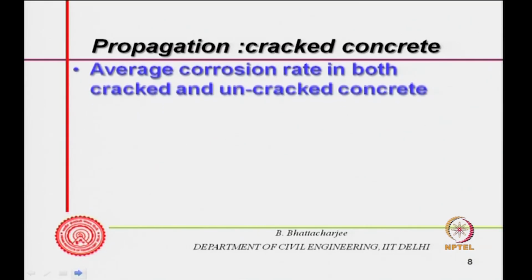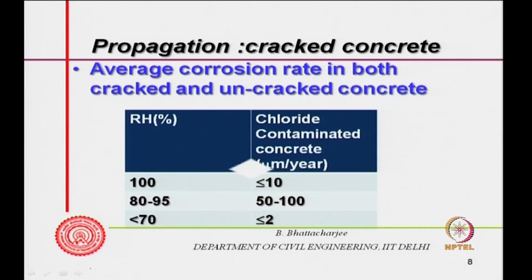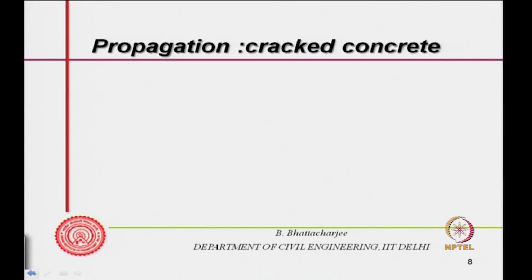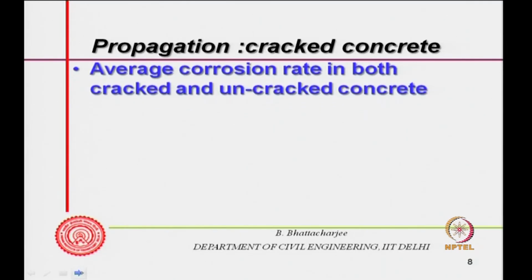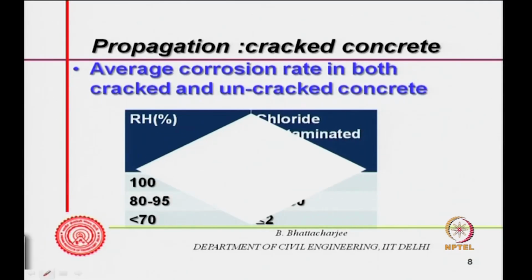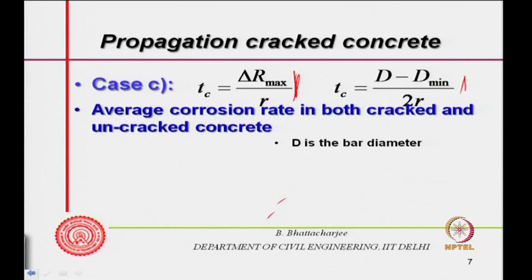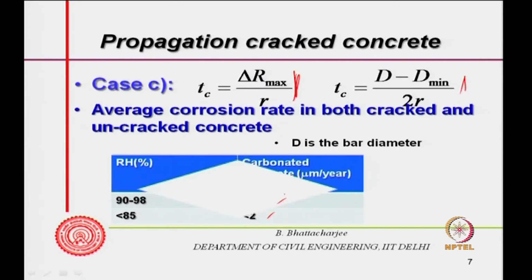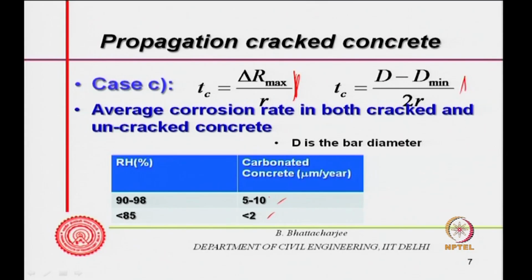The average corrosion rate in both cracked and uncracked concrete for relative humidity in chloride contaminated concrete, these values are given. This is also given in terms of average corrosion rate in carbonated concrete. Sorry, this is for chloride, this is for the carbonated situation; the average corrosion rate is given here, and time is given by this formula, where R you can determine from this.